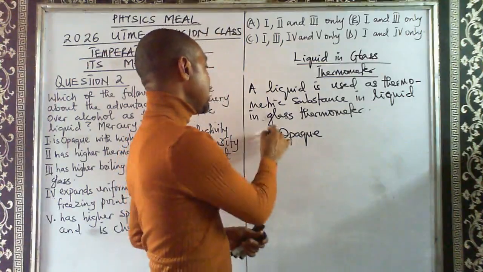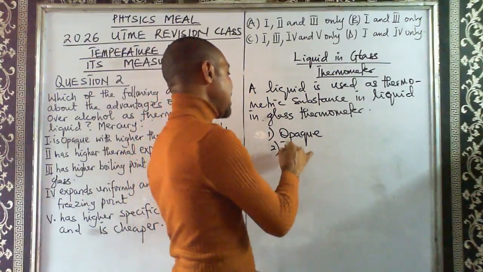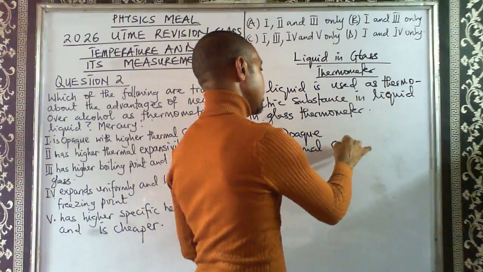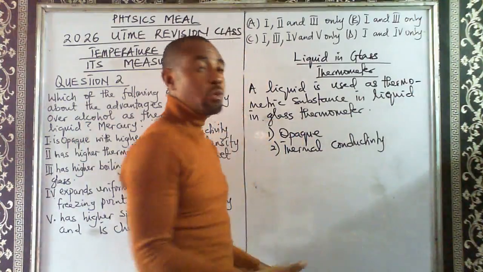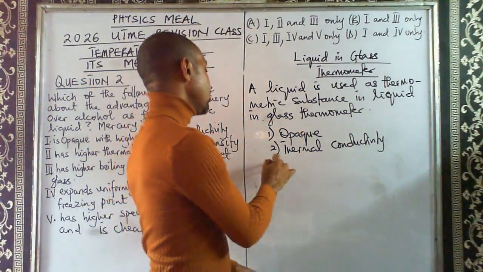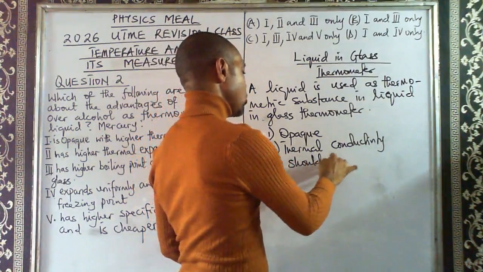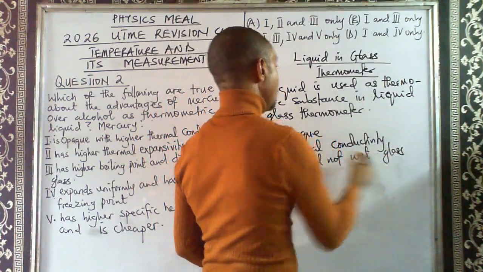It must be a good conductor of heat, so it must have high thermal conductivity. Then such a liquid should not wet glass. Any liquid we are going to use.